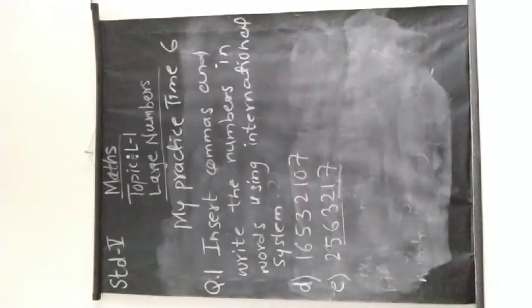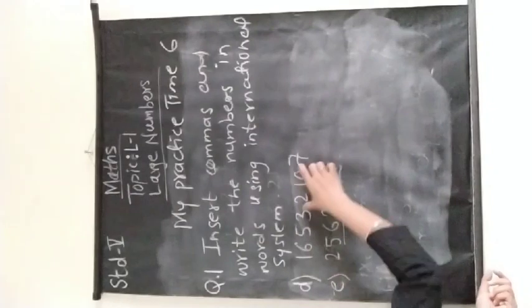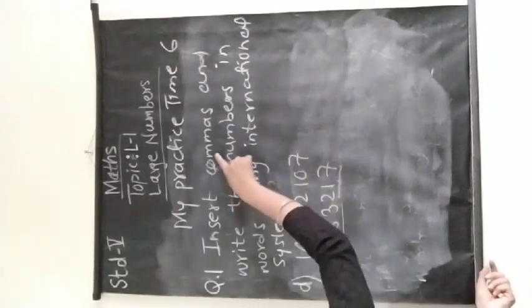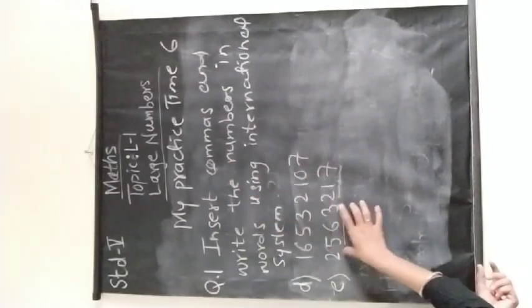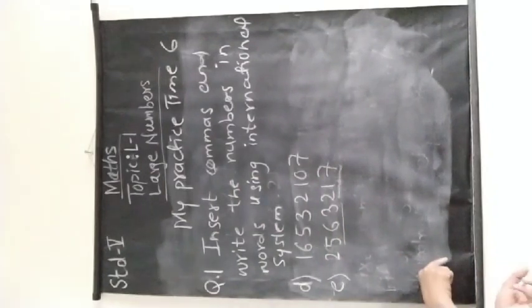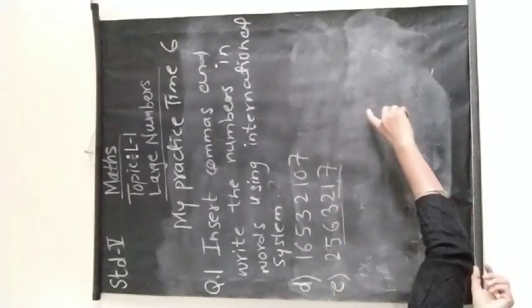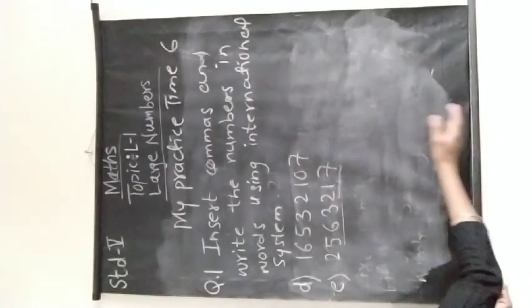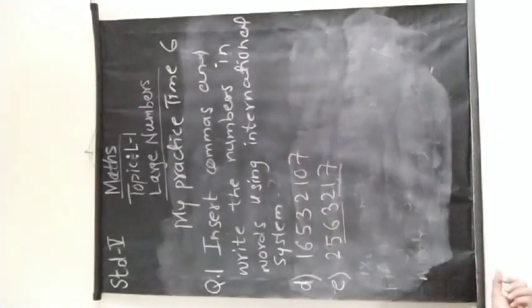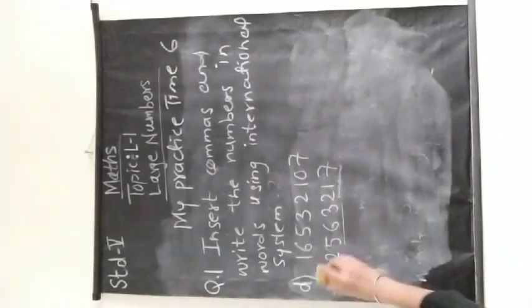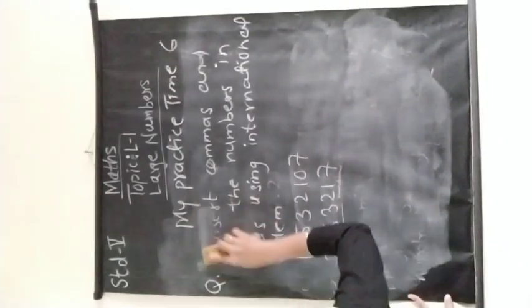Okay. Now let's take the second example, that means question number second. In the first question, numbers are there and we have given the commas and we have written these numbers in words. Okay, students. But in question number second, the words are given. We have to convert those words into numbers.